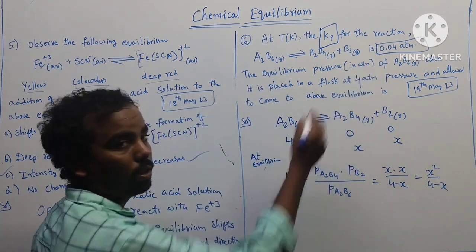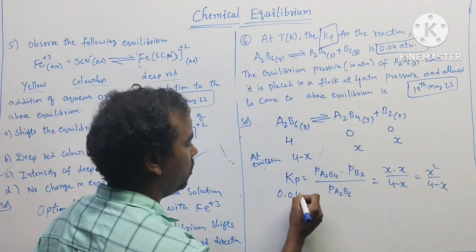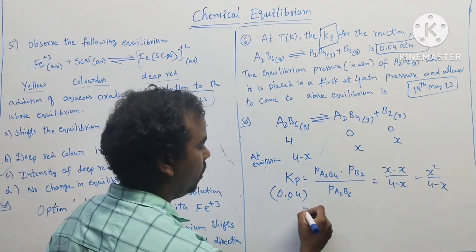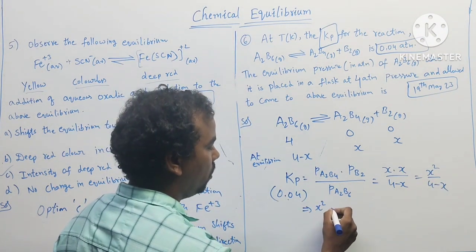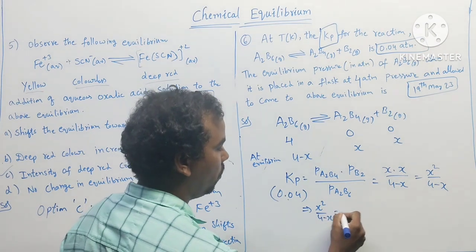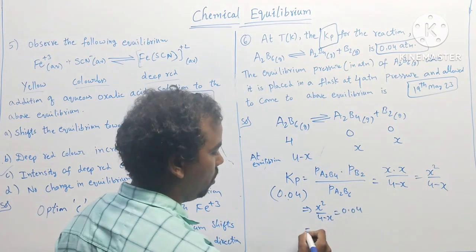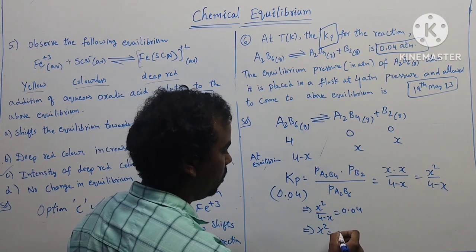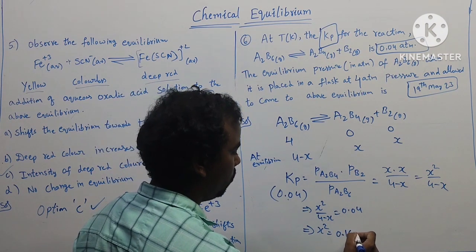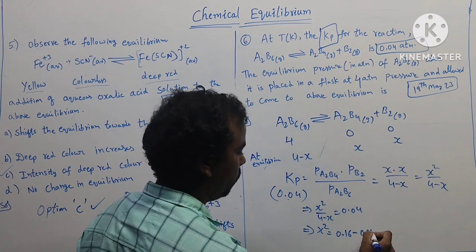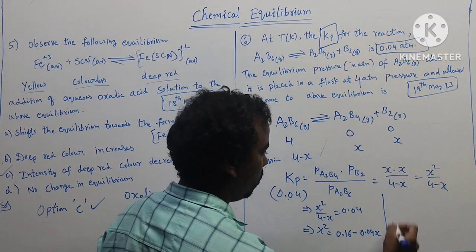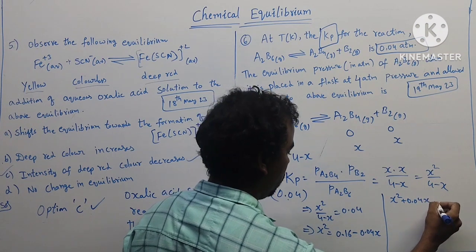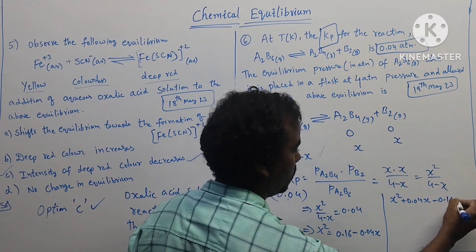What is the Kp value here? 0.04. So 0.04 equals x² by 4 minus x. That implies x² is equal to 0.16 minus 0.04x. So x² plus 0.04x minus 0.16 is equal to 0.